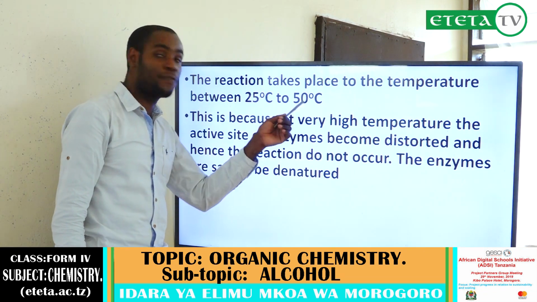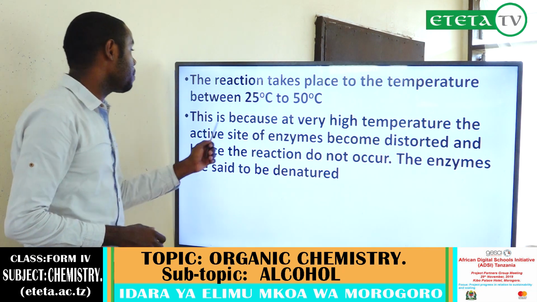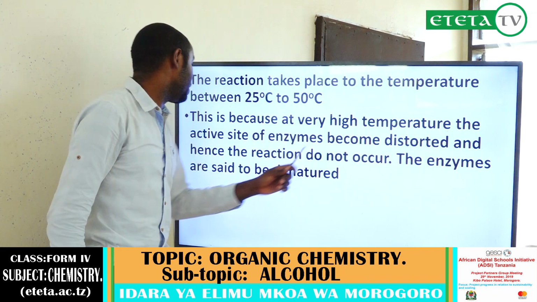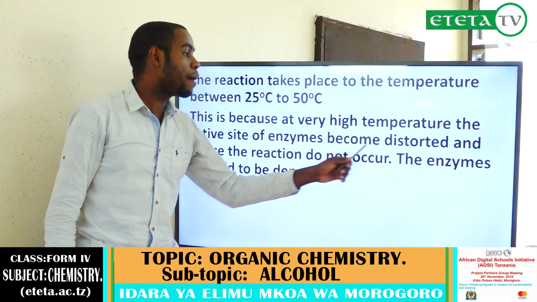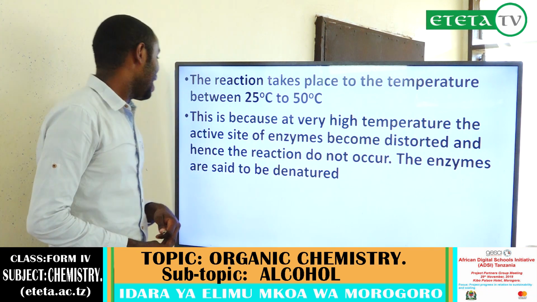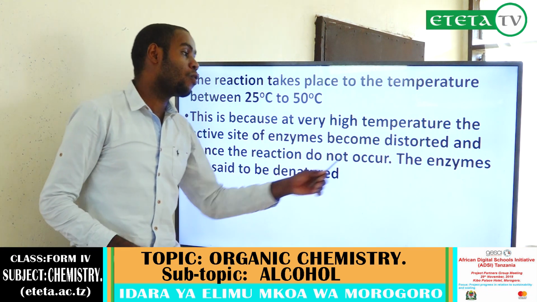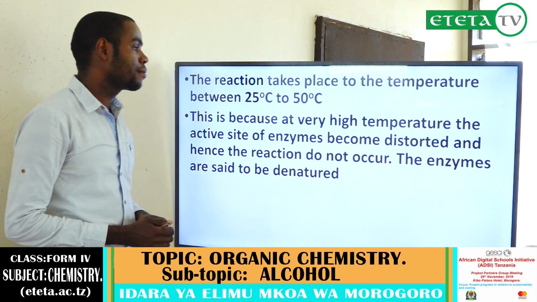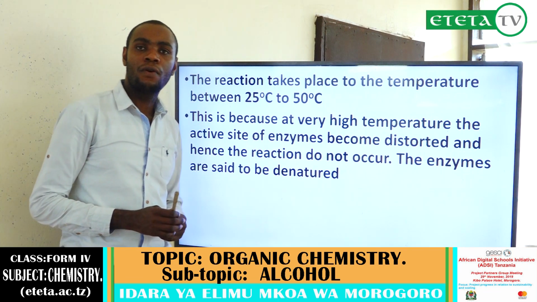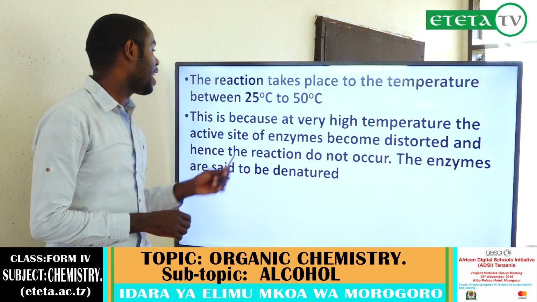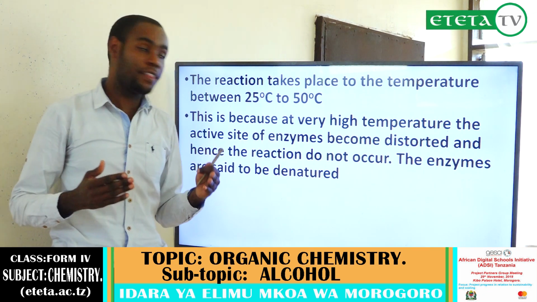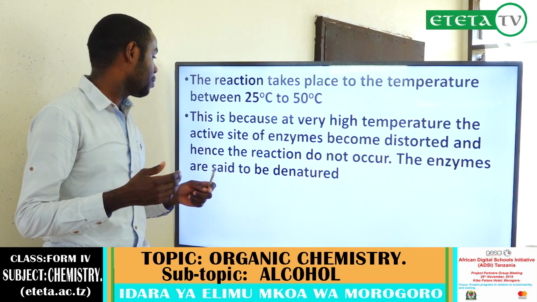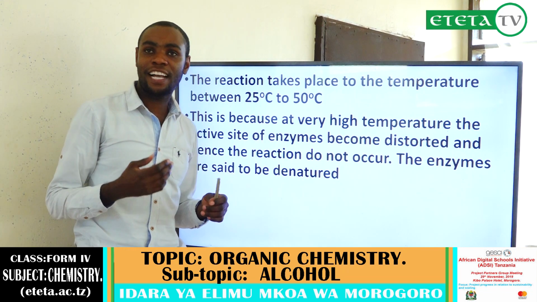Why 25 to 50 degrees centigrade? This is because at a very high temperature, the active site of the enzyme becomes distorted, and hence the reaction will not occur. The enzyme cannot work at very high temperature. At very high temperature, we say the enzyme will be denatured.